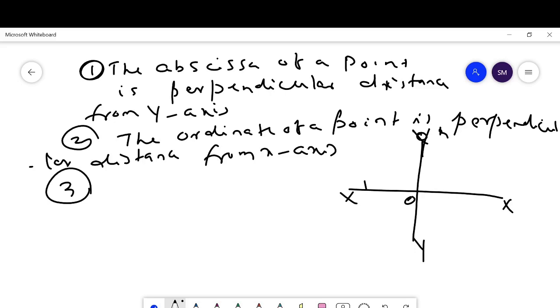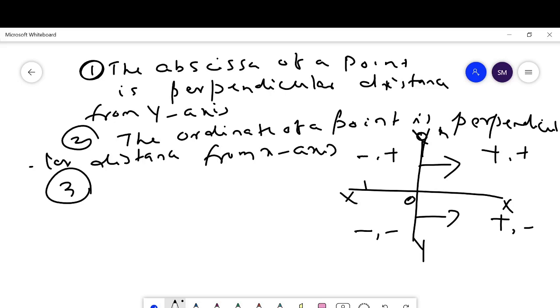The abscissa of every point at the right side of the y-axis is positive for x, and the left side of the y-axis is negative for x. Above the origin, y is positive, and below the origin, y is negative.